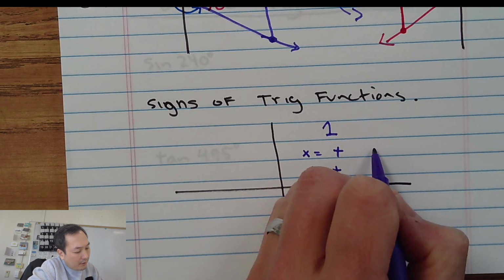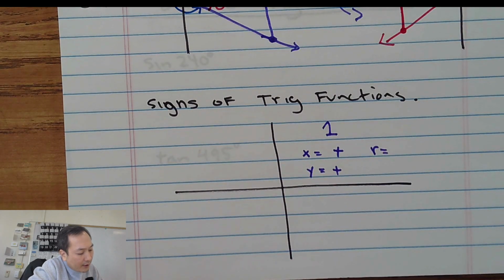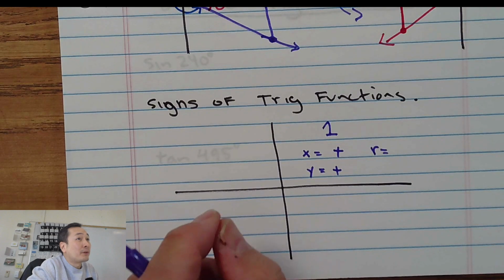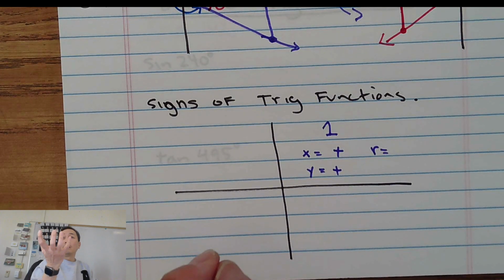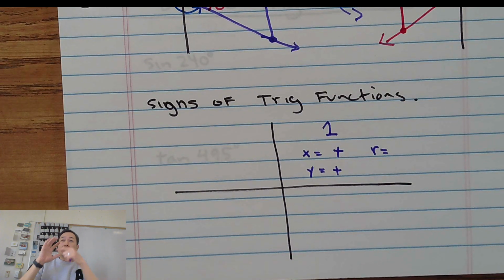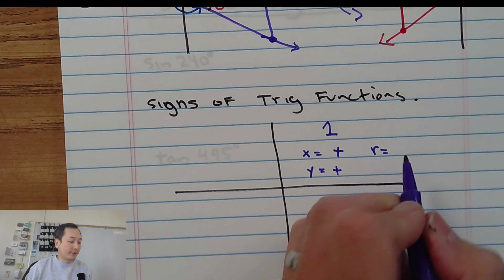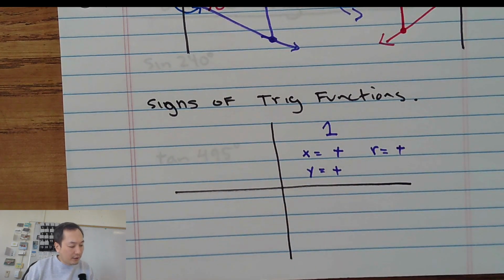My r value here, class, that's a trick question because r is radius, and that's a physical thing. In a circle, the radius is from the center to the circle, and that can never, ever be negative. If it's negative, then you're in an alternate universe. That's always going to be positive. Make sense?